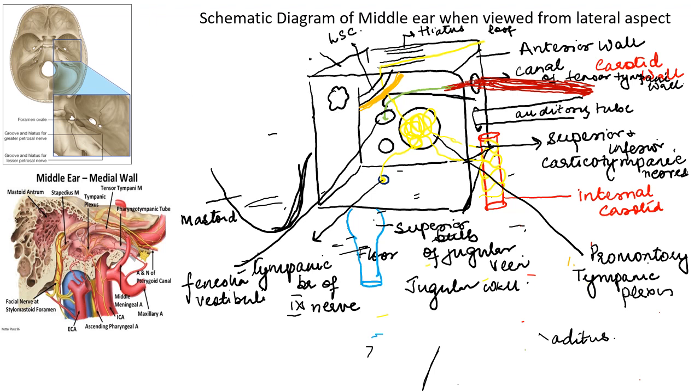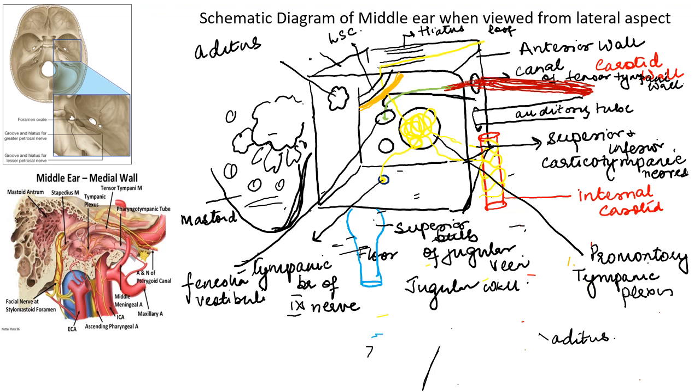So out here would be the mastoid antrum, which is the largest cell of the mastoid air cells. Opening in it are the other mastoid air cells, right? And this is the communication, which is the aditus in the posterior wall, through which the middle ear cavity communicates with the mastoid.